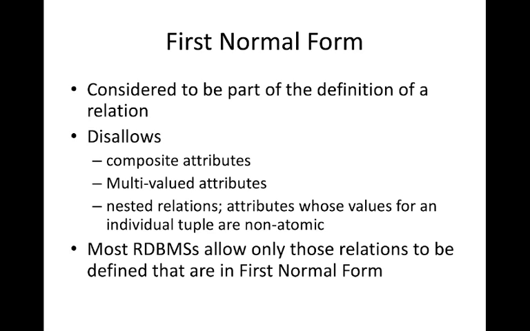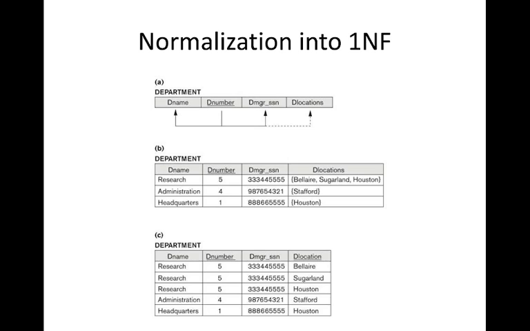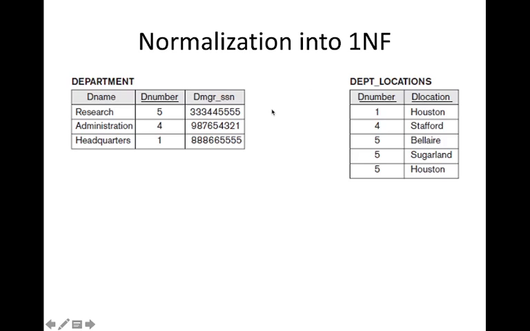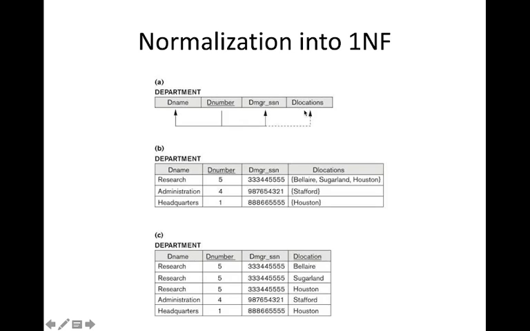We will see how normalization works. Here we will take an example. We have a department relation with D number, D manager assistant, and D locations also included. Department locations is a multi-valued attribute because a department may be located in more than one location.